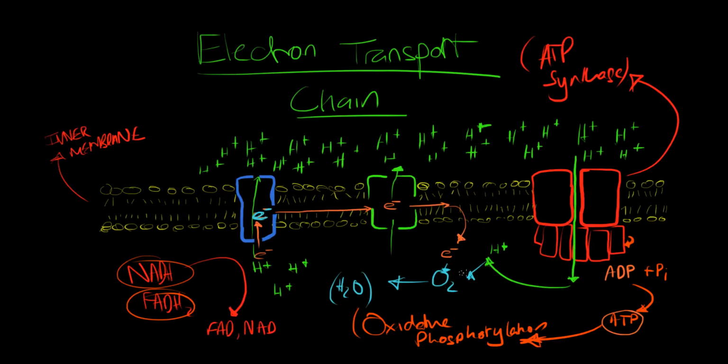So it's important that oxygen is the final acceptor of the electrons in the ETC. So in essence, you'd form two molecules of water using 4 hydrogen ions and 4 electrons. And yeah, that is pretty much the process of the electron transport chain.